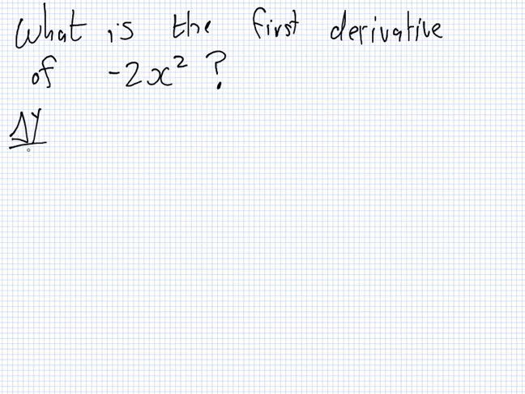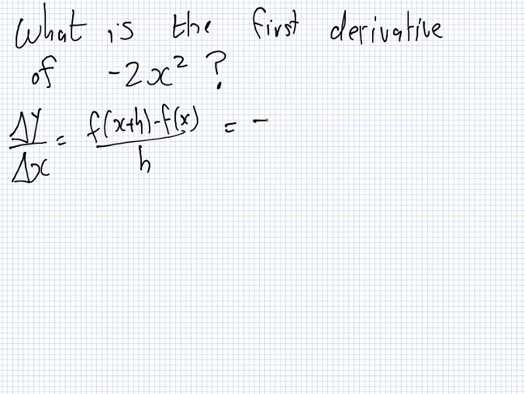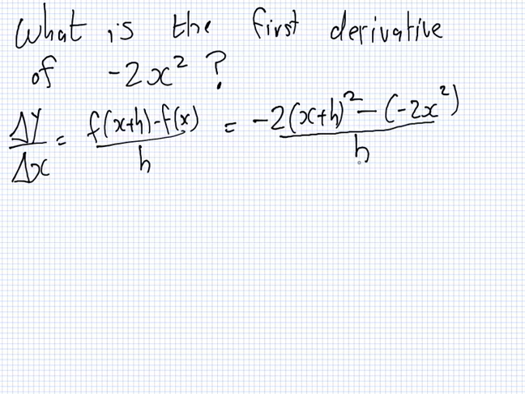So the formula, roughly, the slope of the tangent is f(x plus h) minus f(x) over h, which in this case is minus 2(x plus h) squared minus minus 2x squared all over h.